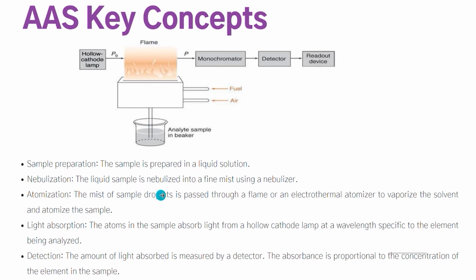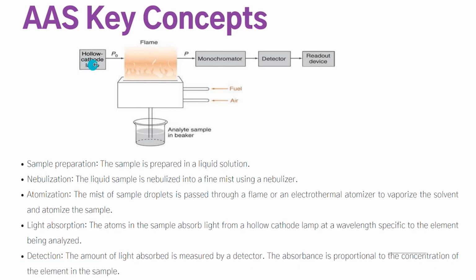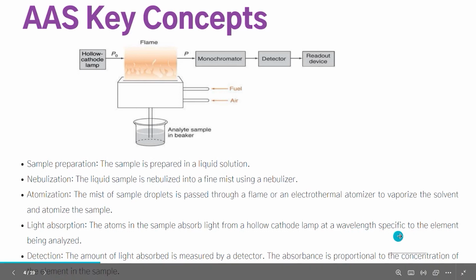Then the mist of sample droplets is passed through a flame or an electrothermal atomizer to vaporize the solvent and atomize the sample which is to be analyzed. So the atoms in the sample absorb light from a hollow cathode lamp, so for example, let's say lead, at a specific wavelength, specific to the element being analyzed.